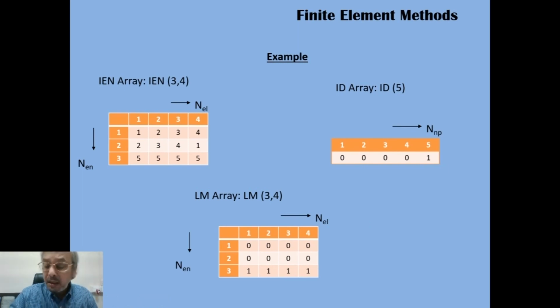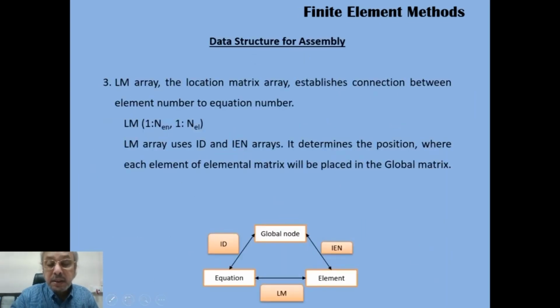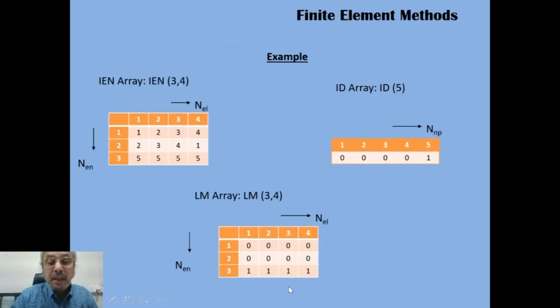Similarly, now we will go for the third array, the LM array, as we defined here. This is the LM array, and here this is the element number, this is the local node number of the element, but whether that node of that element needs an equation or not.